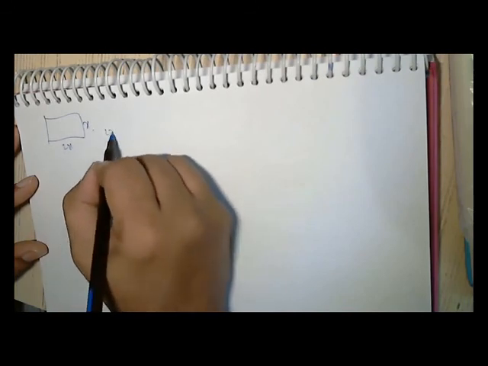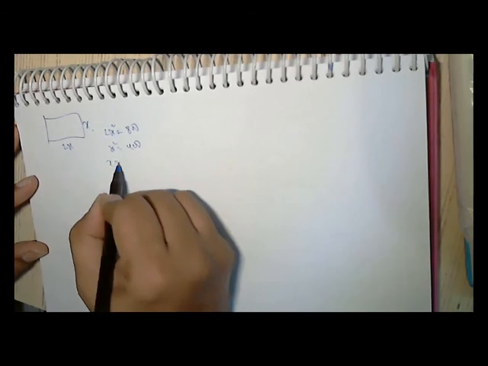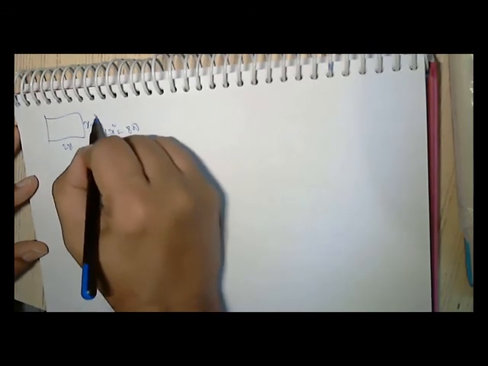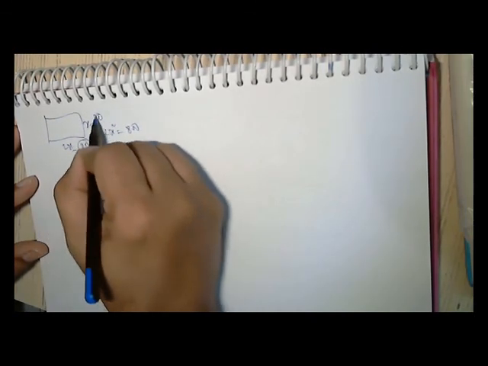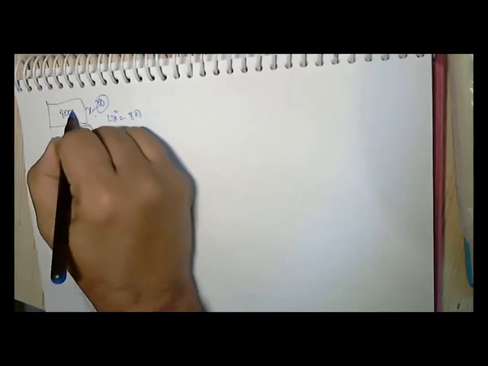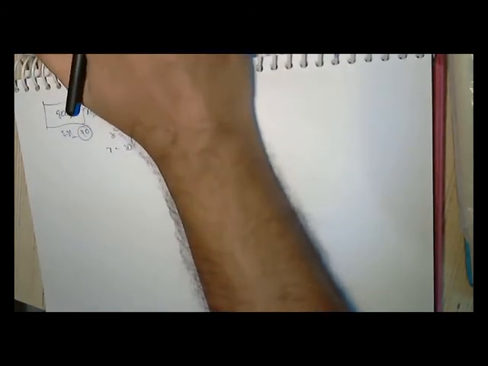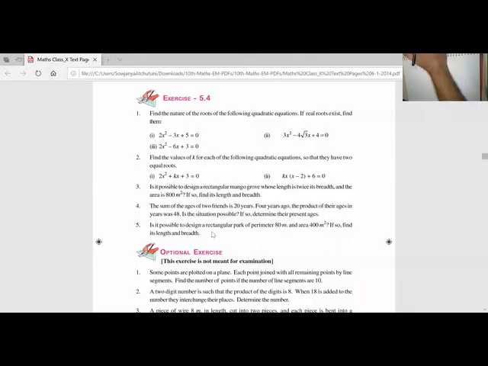So what is the area? 2x square is equal to 800. x square is equal to 400. x is equal to 20. So width is 20, length is 40. It is quite possible to have this mango grove with an area of 800 meters square. And x is 20.